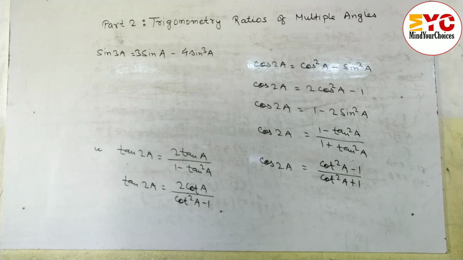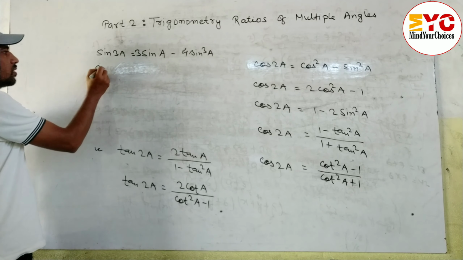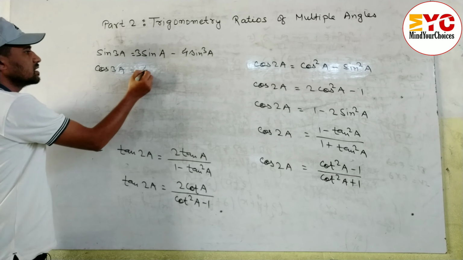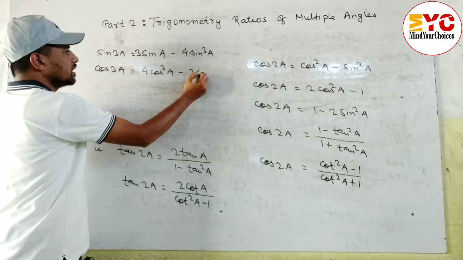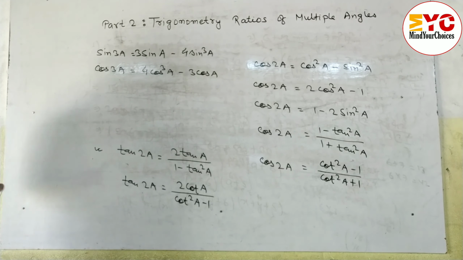Similarly, cos 3a formula is 4 cos cube a minus 3 cos a. You can see the sine 3a formula and the cos 3a formula.